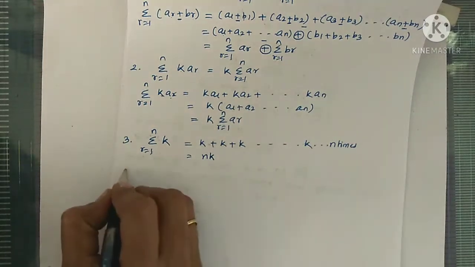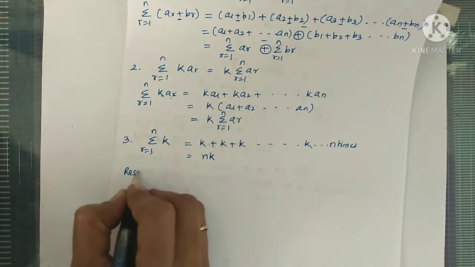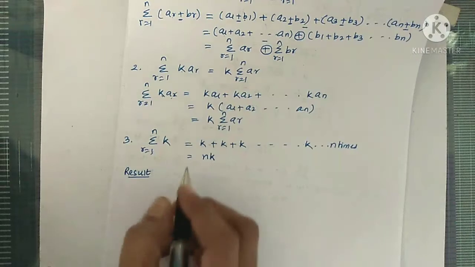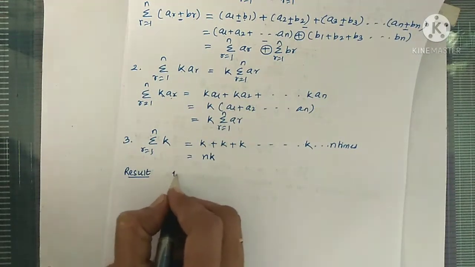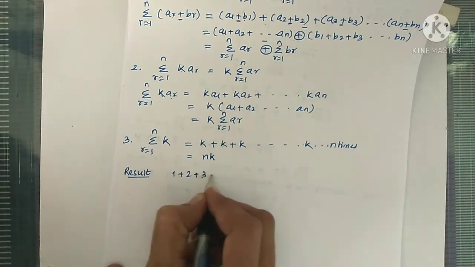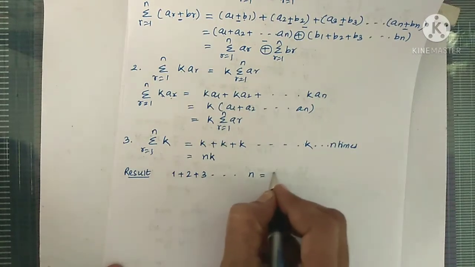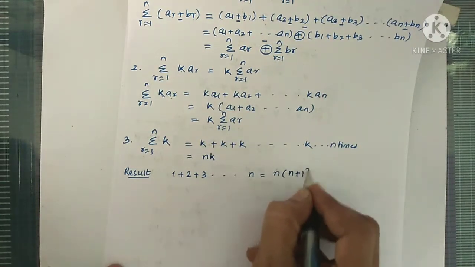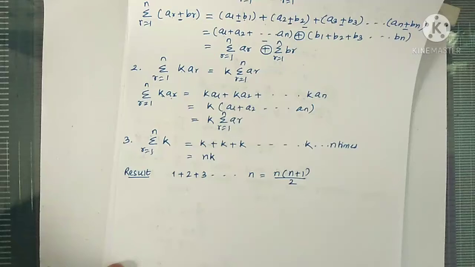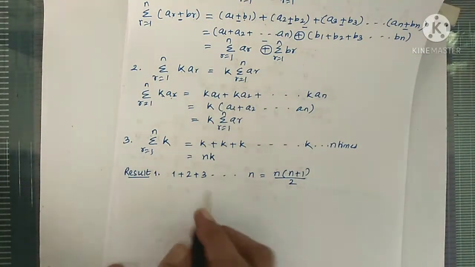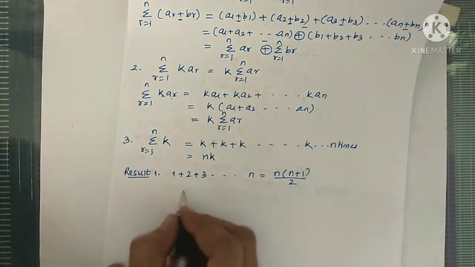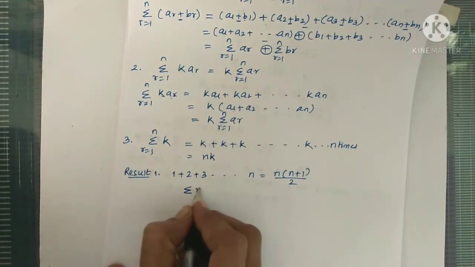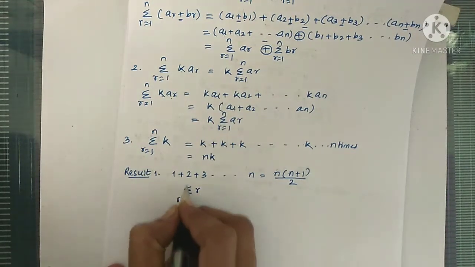And we need some results also. So the results are, first one, 1 plus 2 plus 3 so on up to n is n into n plus 1 by 2. So what is this? This is sum of first n natural numbers. So this we can write as summation r, r equal to 1 to n.